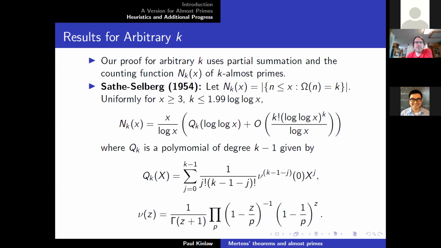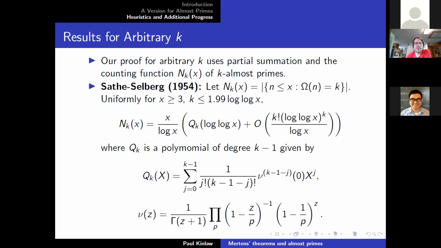So the number of k-almost primes up to x is x over log x times a degree k minus 1 polynomial in double log x, plus an error term that tends to 0. And this is actually uniform for all x at least 3 and all k up to 1.99 double log x. And in fact, it's 2 minus epsilon times double log x.